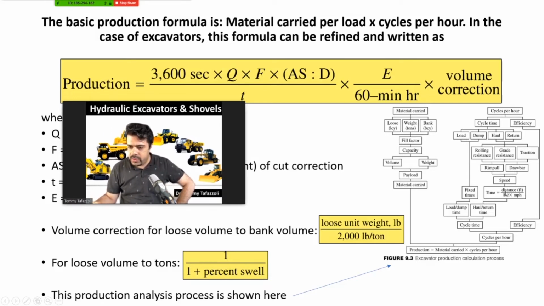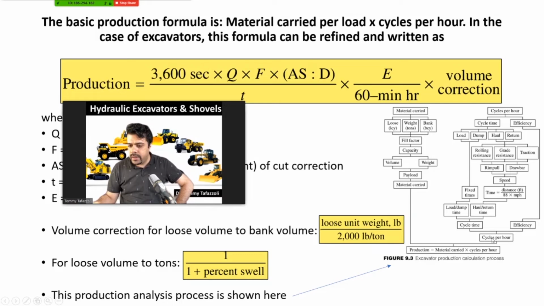On the other hand, loading and dumping times are fixed times. If you have the load and dump times and combine them with the haul and return time, what you will find is the cycle time. If you combine the cycle time with the efficiency, then you can find cycles per hour.